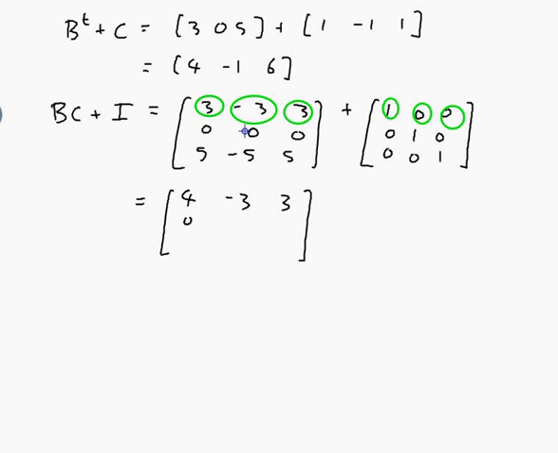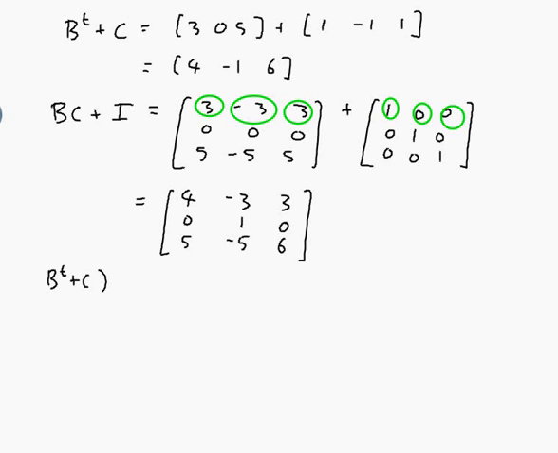So 0 plus 0 is 0. 0 plus 1 is 1. 0 plus 0 is 0. 5 plus 0 is 5. Minus 5 plus 0 is minus 5. 5 plus 1 is 6. So now I just have to do the final matrix multiplication.